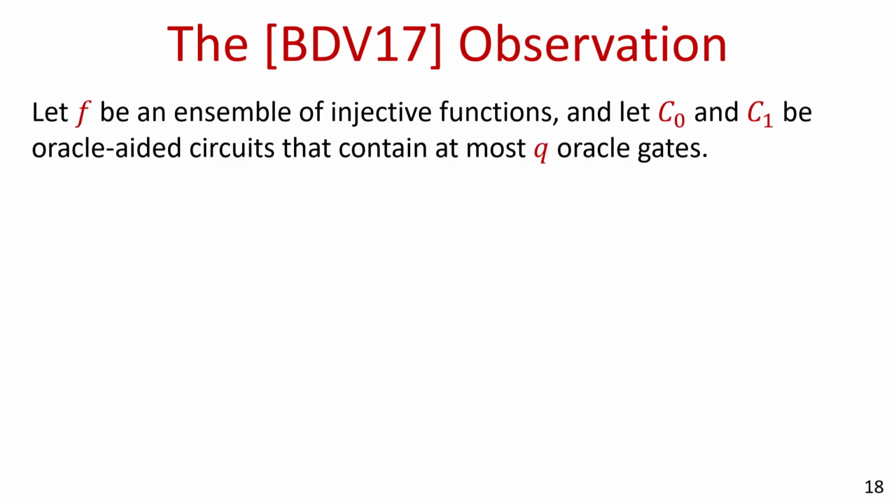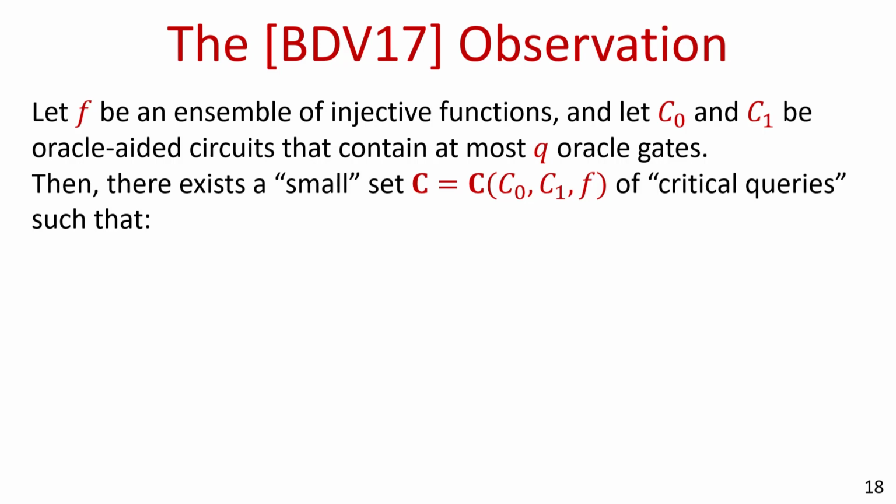In their proof, BDV made the following observation about their NP-decide oracle. Let f be an ensemble of injective functions, and let C0 and C1 be oracle-aided circuits that contain at most Q oracle gates.